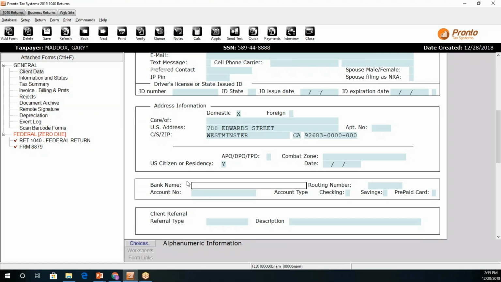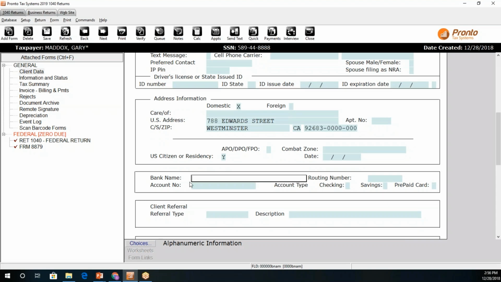On April 15th, you'll see a lot of people with a balance due offer their checking account number to the IRS, and some people are okay with it. I personally do not like to give the IRS my checking or savings account number. All right.